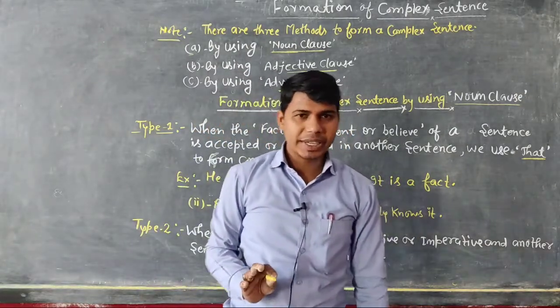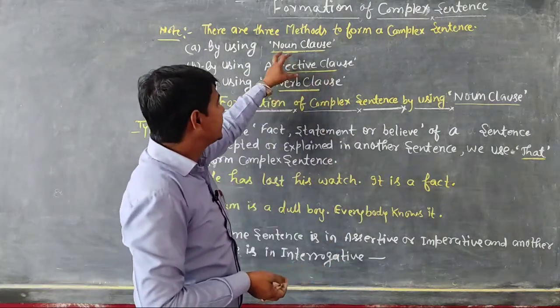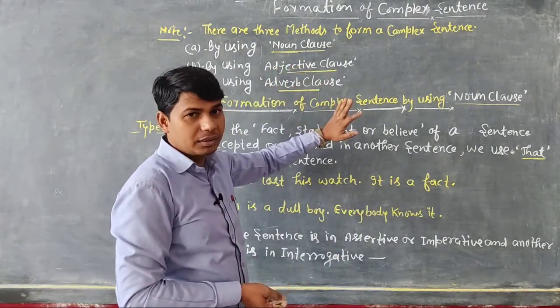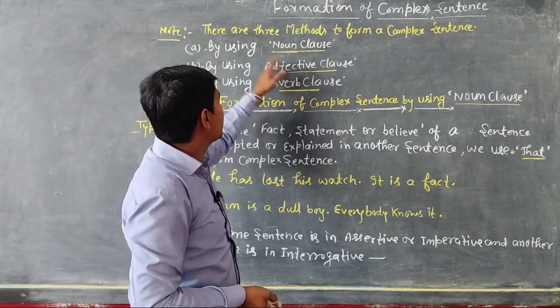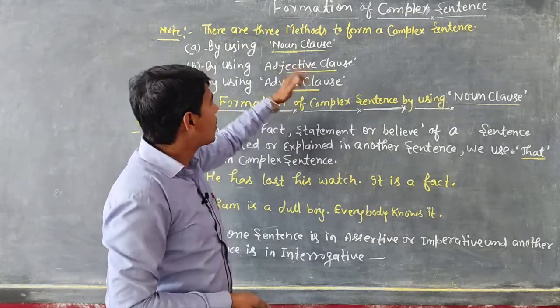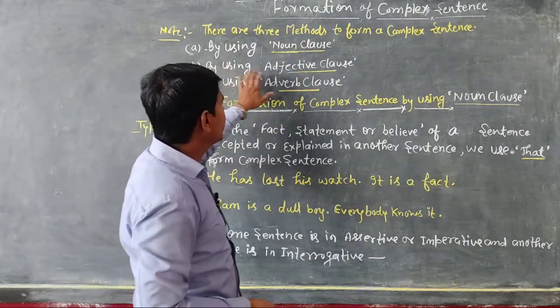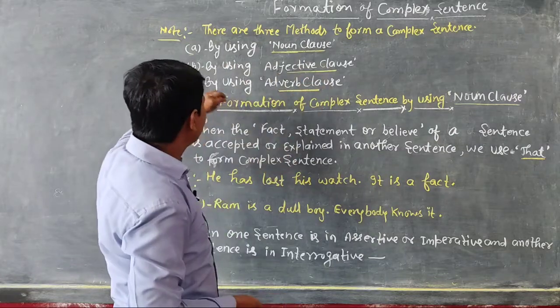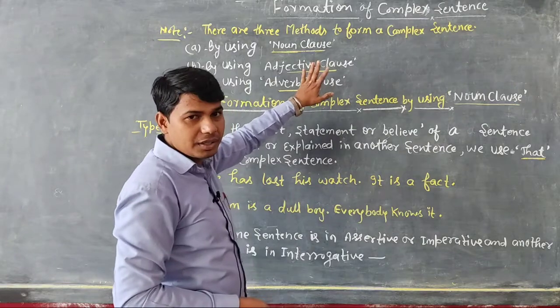So dear students, we have to learn these three concepts one by one. Very first, we will learn formation of complex sentence by using noun clause. Then after that, we will study formation of complex sentence by using adjective clause. Then we will study formation of complex sentence by using verb clause.